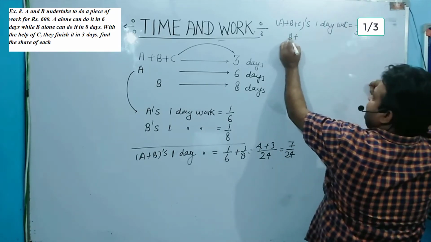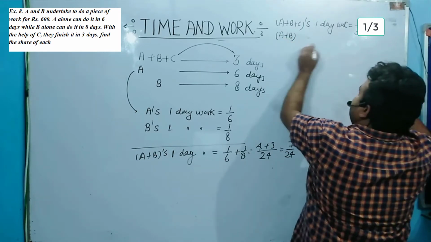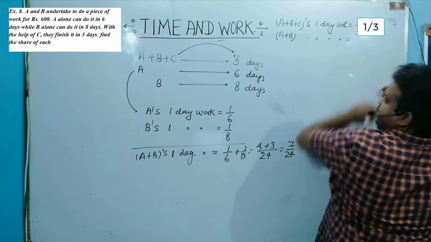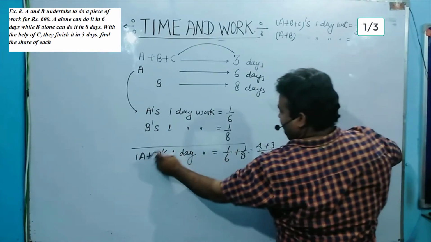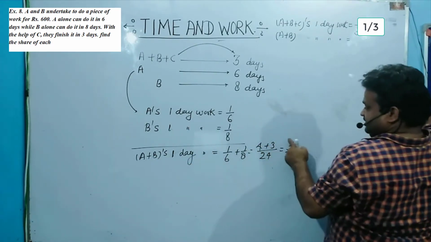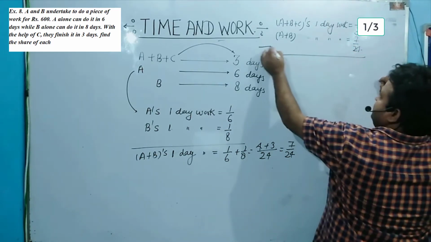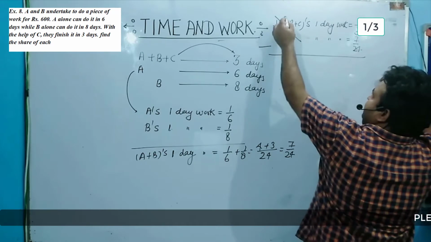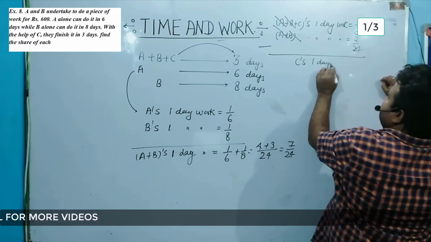Whereas A plus B complete the entire work in 24 by 7 days, and A plus B's 1 day work is 7 by 24. If I subtract this value, A and B are gone, so you will be left with C's 1 day work. So what is C's 1 day work?